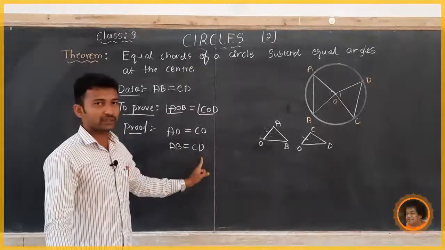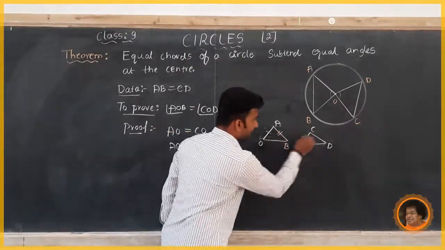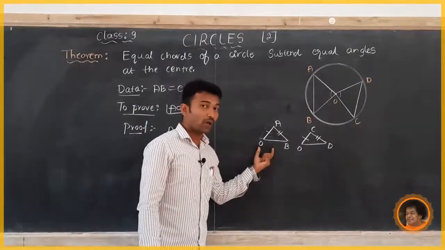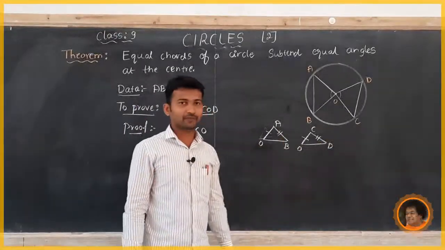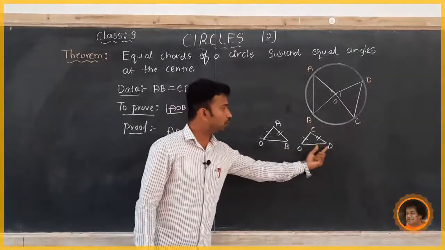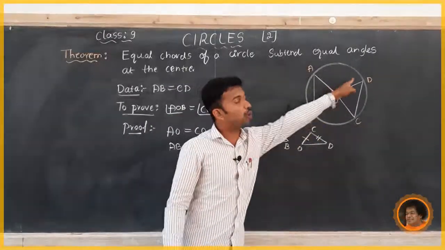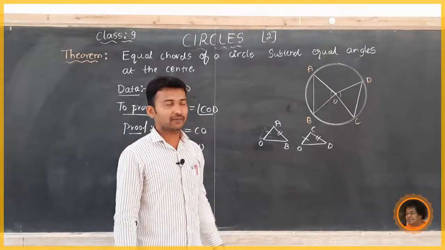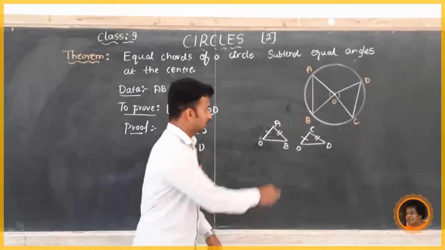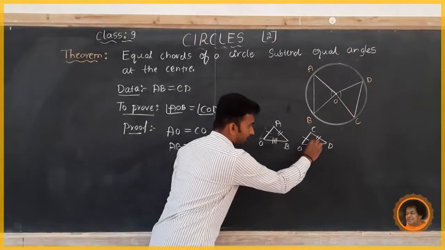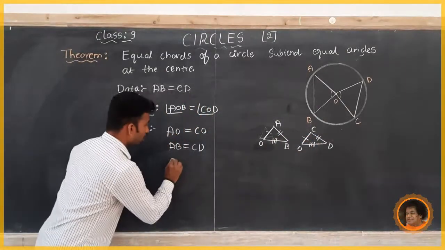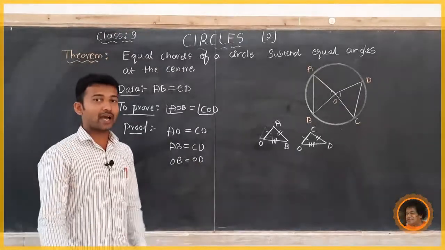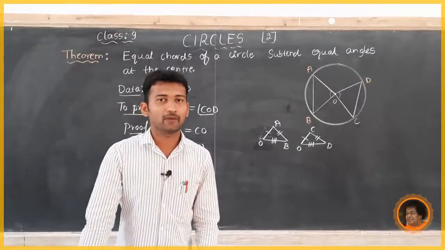Next, what about OB and OD? OB and OD are the radii of the same circle. So OB equal to OD. We have three equal elements, three pairs.